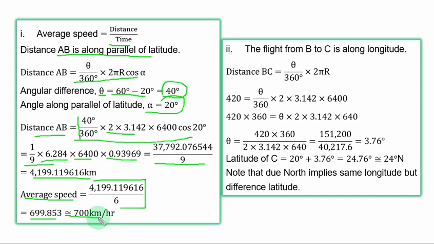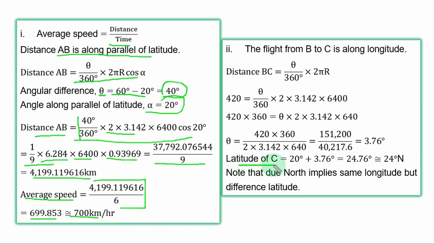Roman figure 2, you should find the latitude of the flight from B to C. Okay, let's go back. Sorry, the latitude.